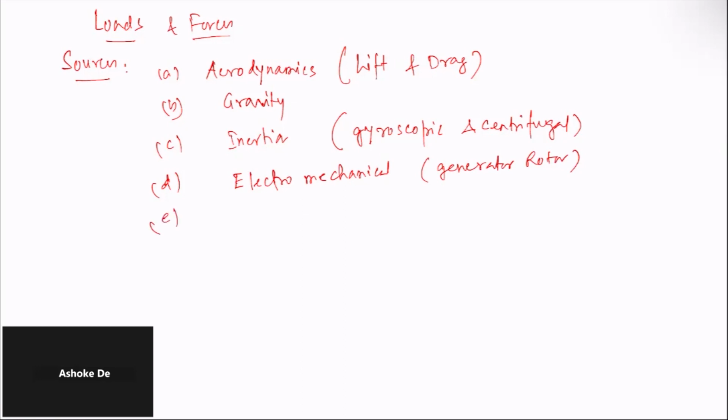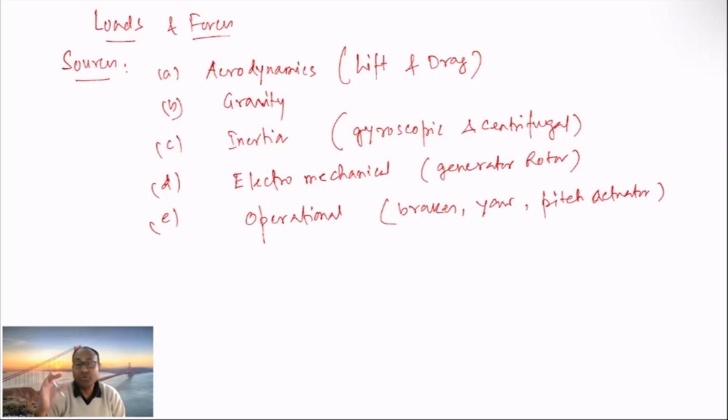You could have operational load, which is coming from brakes, your mechanism, pitch actuator. Okay. So these are essentially your sources of loads.